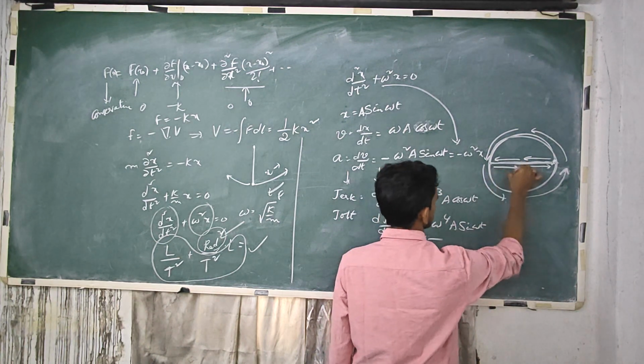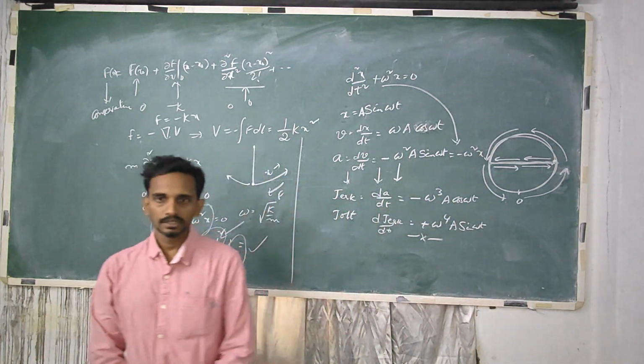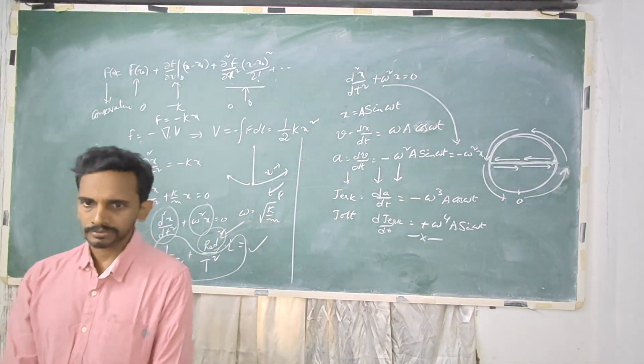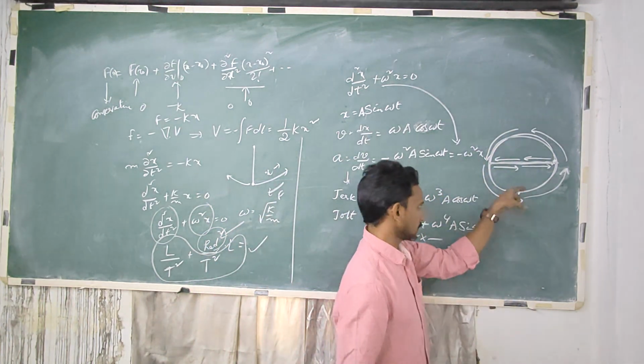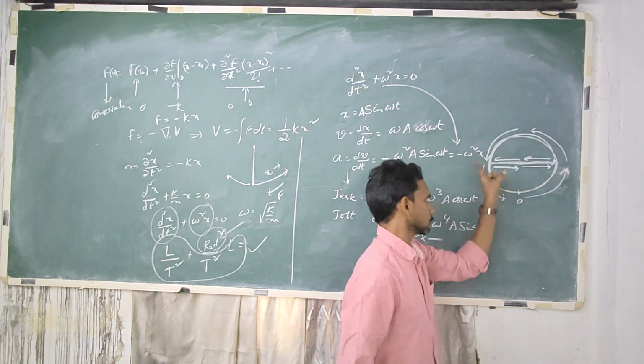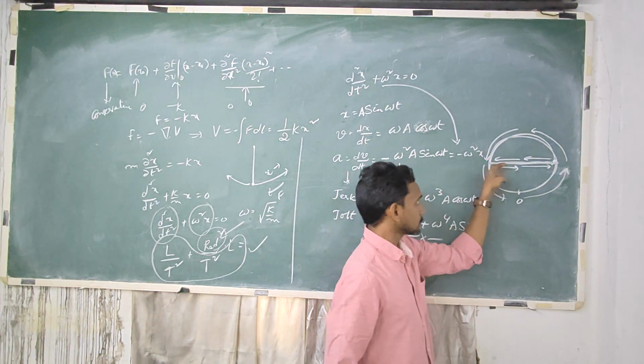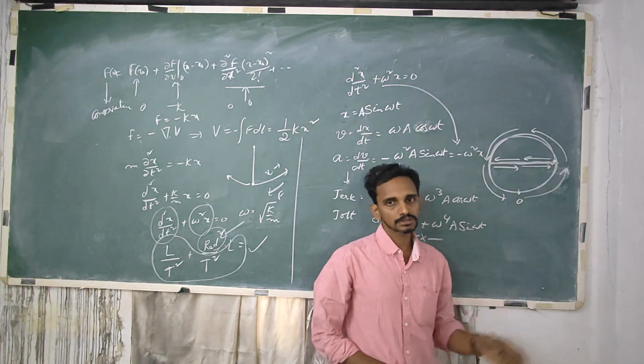So this is the resultant motion of the image on the diameter. When a person executes circular motion, the image of the person on the diameter of the circle executes simple harmonic motion.